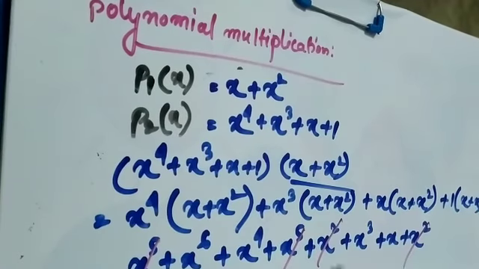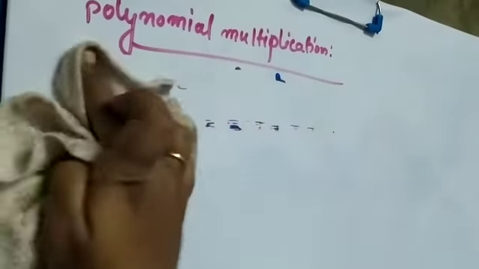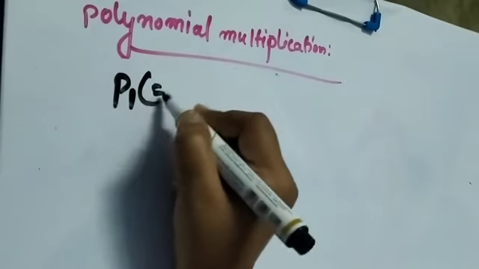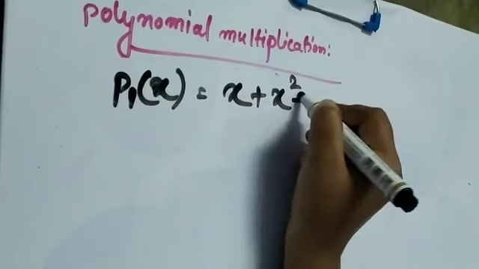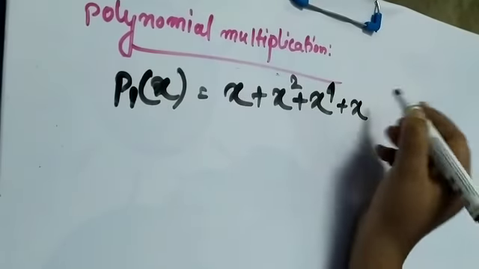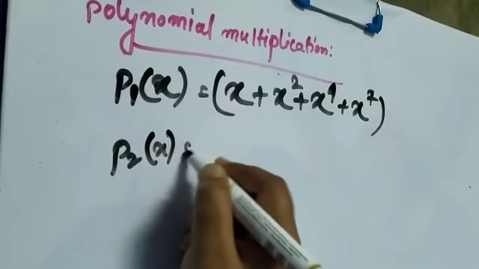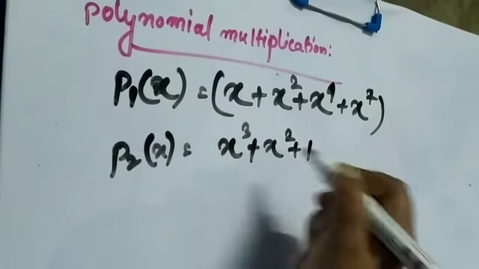So here is another exercise for you. Suppose you have two polynomials, P1(x) is x plus x square plus x to the power 4 plus x to the power 7, and P2(x) is x cube plus x square plus 1.